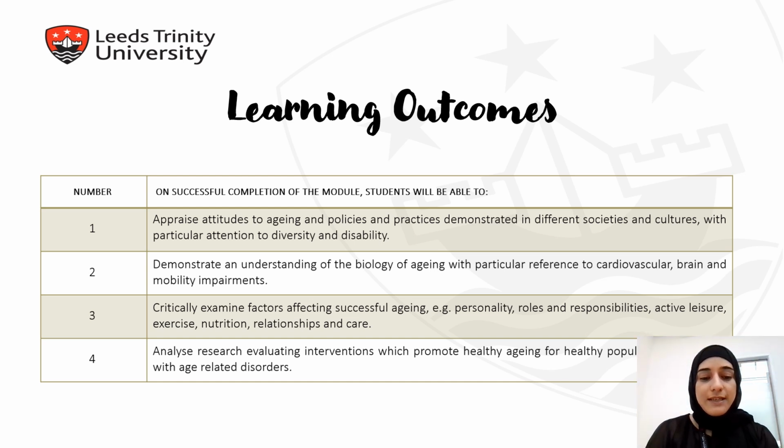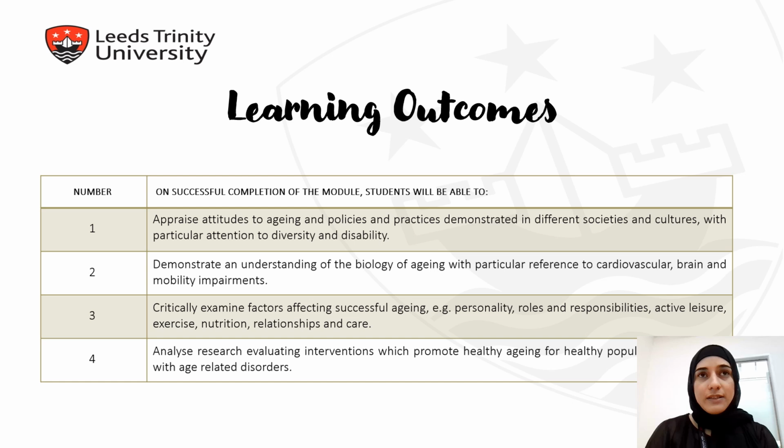The third learning outcome is to critically examine the factors that affect successful aging, like the role of personality, responsibilities, leisure activities, exercise, nutrition, relationships and all those.